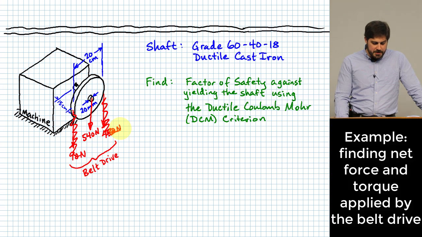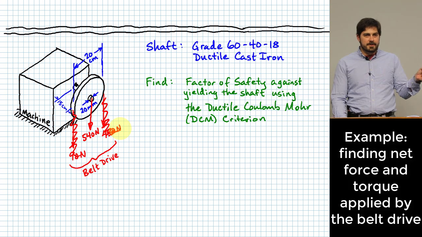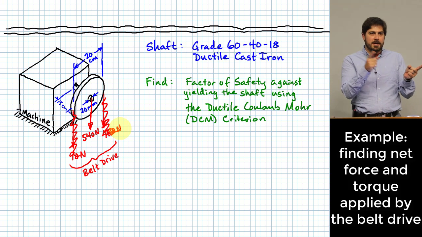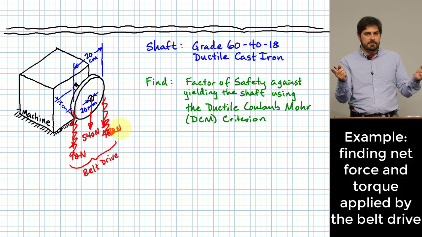A couple of ways you can think about this. Each of those forces creates a moment, but they're in opposite directions. The moment is going to be 90 newtons times 10 centimeters one direction and 450 newtons times 10 centimeters the other direction.